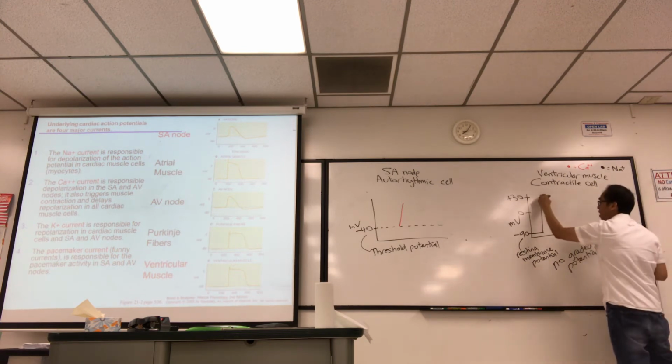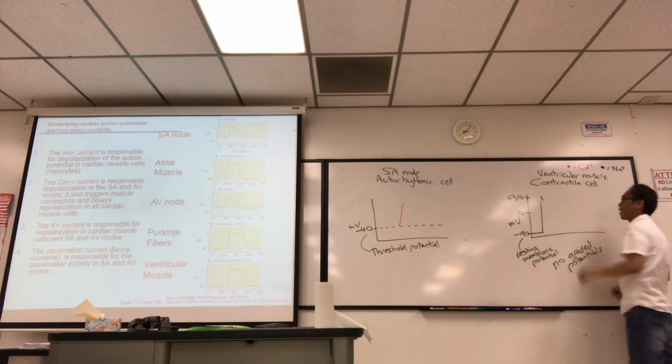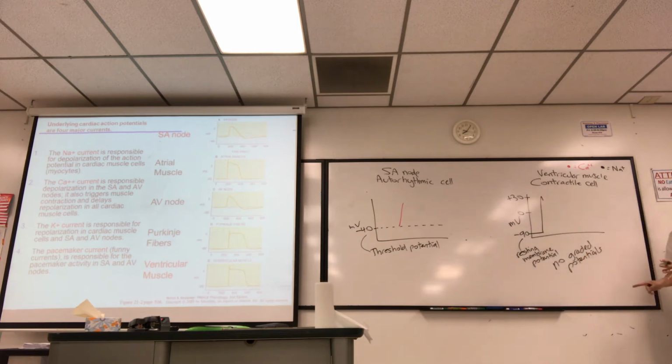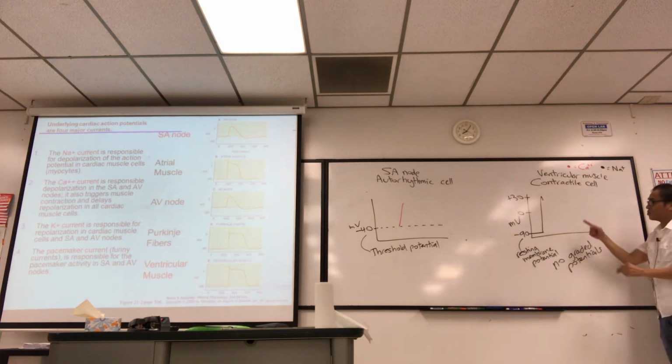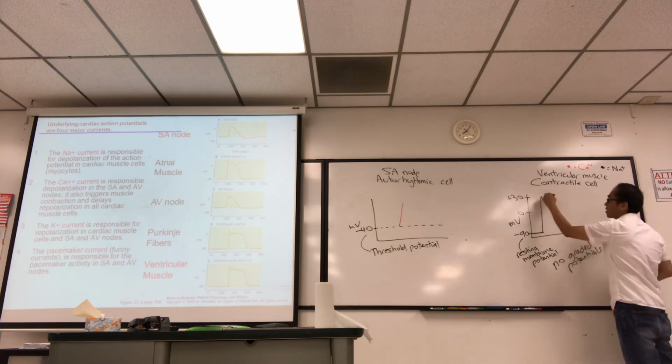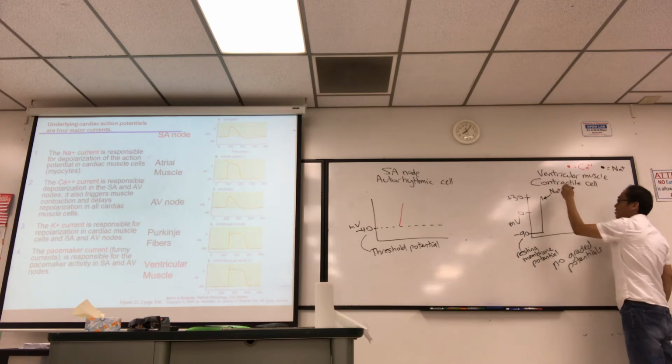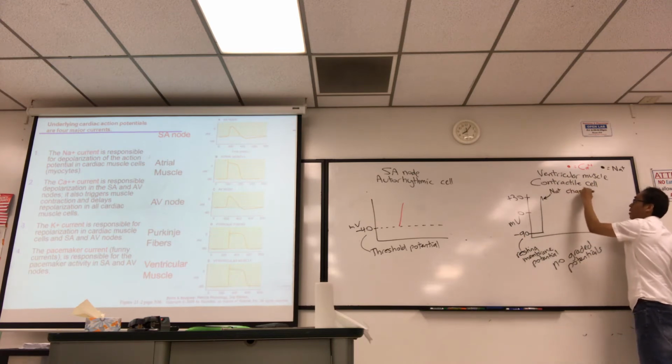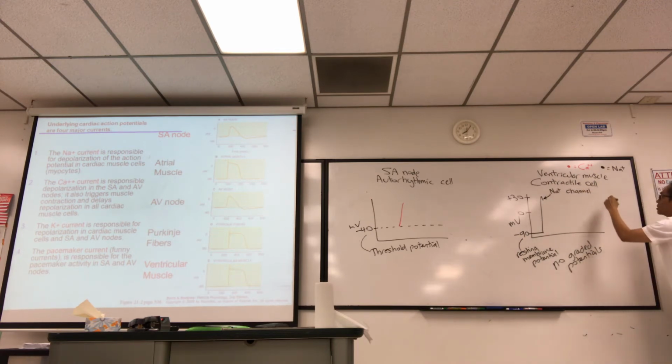It starts to go down a little bit. It starts to repolarize. But it kind of stops. Well, anyways, you should know, when you see this little downtick, that indicates the sodium channel inactivation. It starts to repolarize because of that sodium channel inactivation.